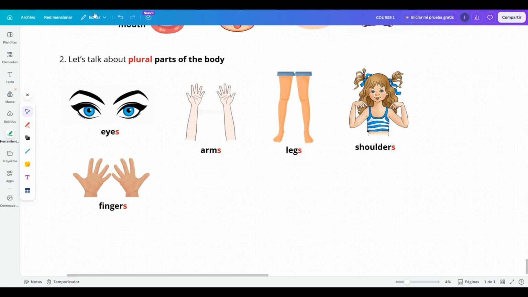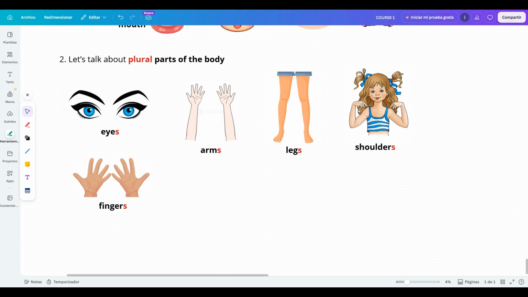Okay? Now, I'll show you two irregular ones, right? When you are talking about tooth, for example, the plural of tooth is not tooths. You don't add s, you just say teeth. You need to change that. You say teeth. Tooth, teeth. Like this.